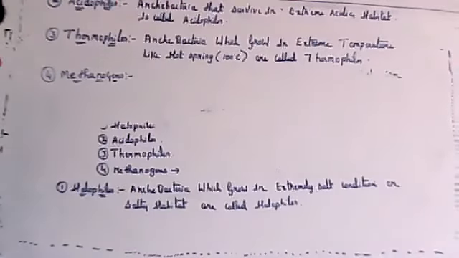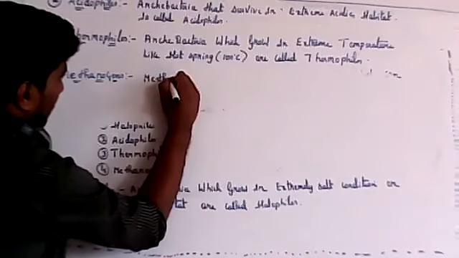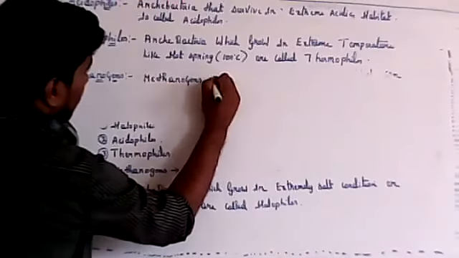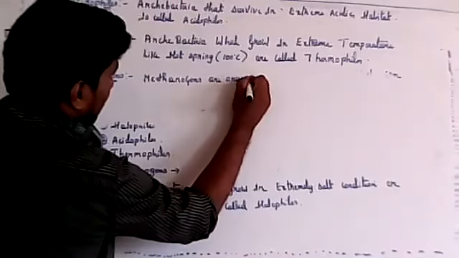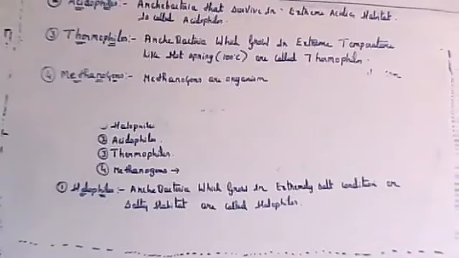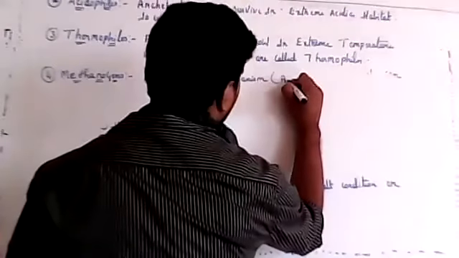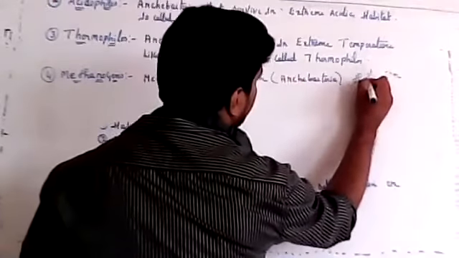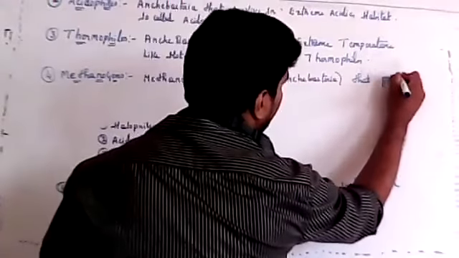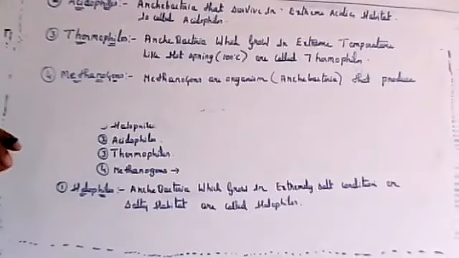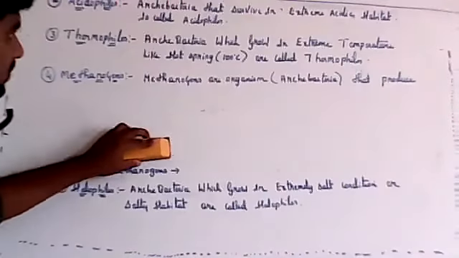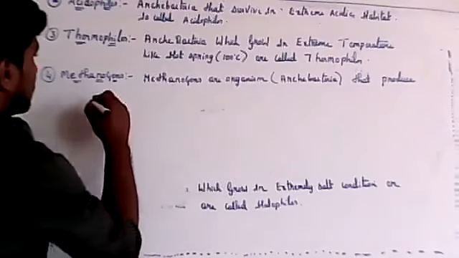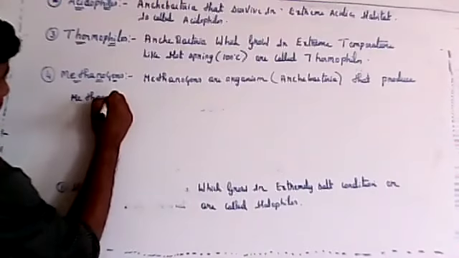Methanogens are organisms that belong to archaebacteria and produce methane as a byproduct.